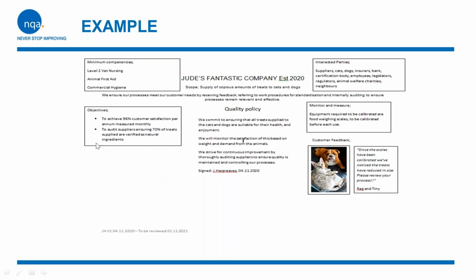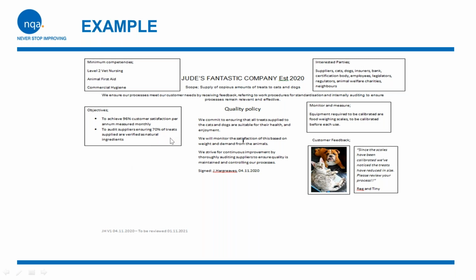I've then tied that into my objectives. So these are SMART. They're specific: to achieve 96% customer satisfaction per annum, measured monthly. So I can actually show evidence to my auditor when they come that we've either achieved that or we've not, and we can look for trends because we've been looking at these on a monthly basis.